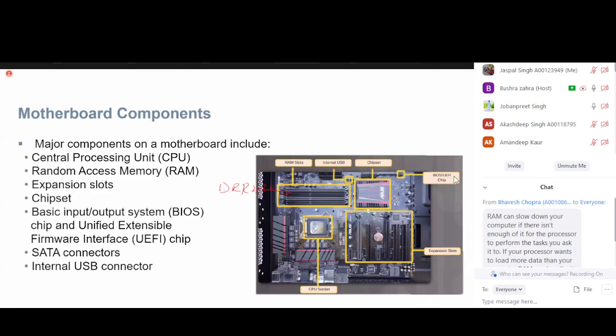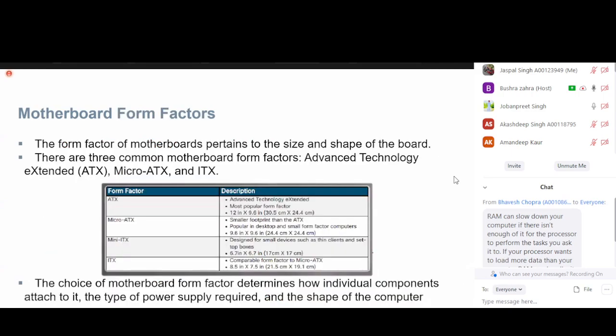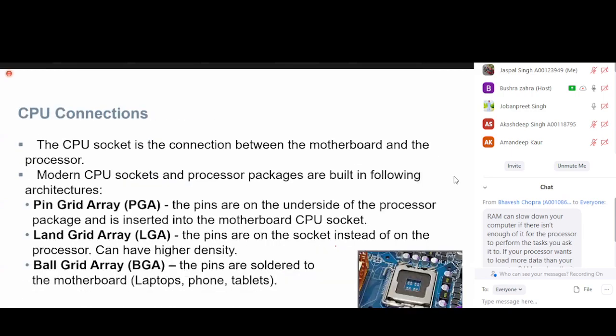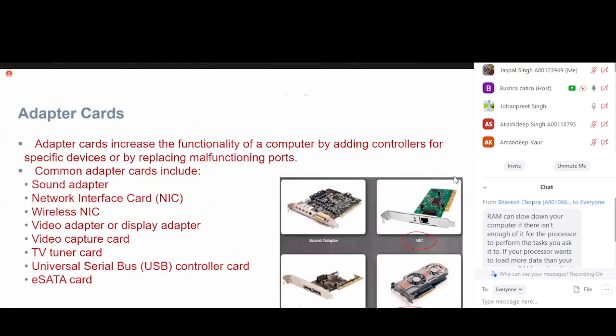And this is the place where we install our expansion cards. Expansion cards are sometimes called adapter cards. Adapter cards can be a sound card, a NIC, or an eSATA, or a video adapter. Are you familiar with any of them or all of them?